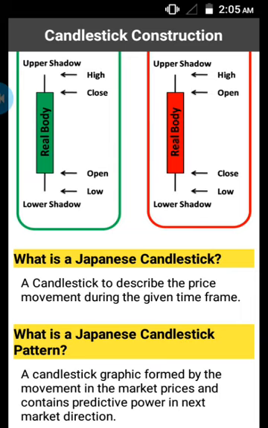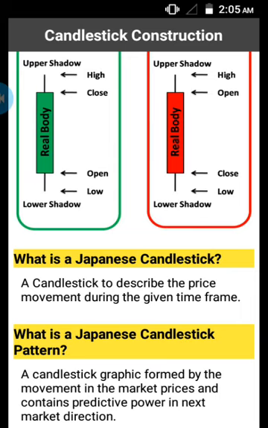So a candlestick on its own is called price action. That simply means a candlestick gives you the direction of the price of that particular commodity or security or currency that you are trading, or you just invested in, or you just bought, or you just sold.